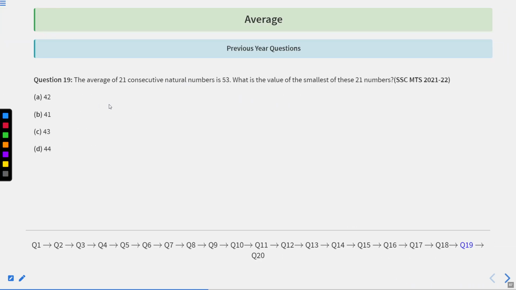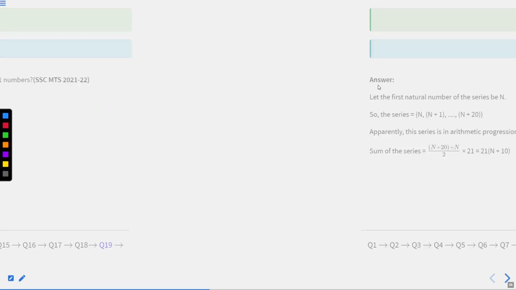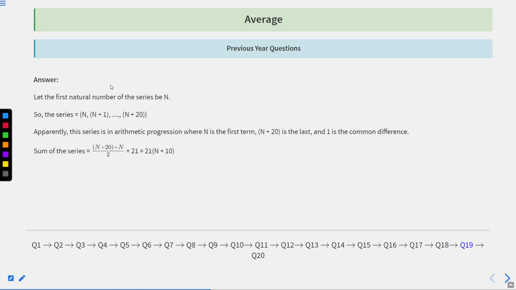Let us move to our second last problem, that is problem number 19. The average of 21 consecutive natural numbers is 53. So we have 21 consecutive natural numbers and their average is 53. What is the value of the smallest of these 21 numbers? Let us suppose the first natural number of the series be n.